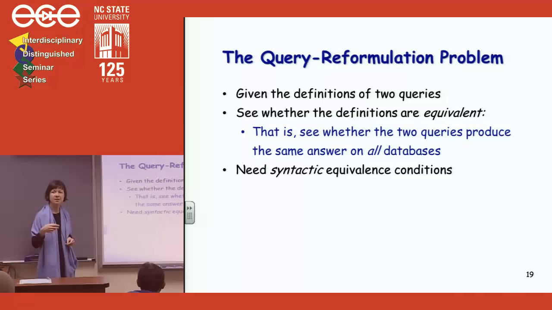So we're looking for some syntactic conditions that, given just the definitions of the two queries, give us assurance that on each database, those two queries will return the same answer. This is really our challenge. We can't afford to look at the data because we're doing this at query runtime. So we're looking for some test that, given the structures of the two queries, tells us if they always give us the same answers or not.